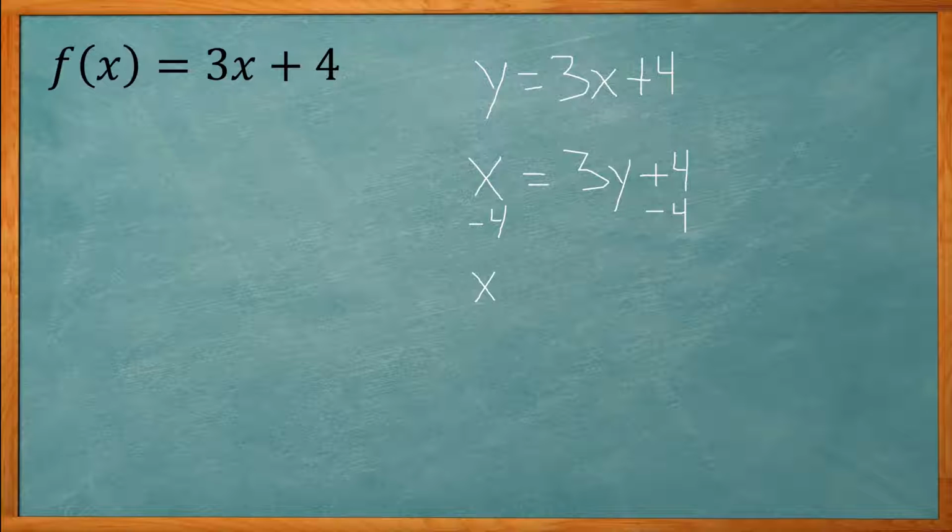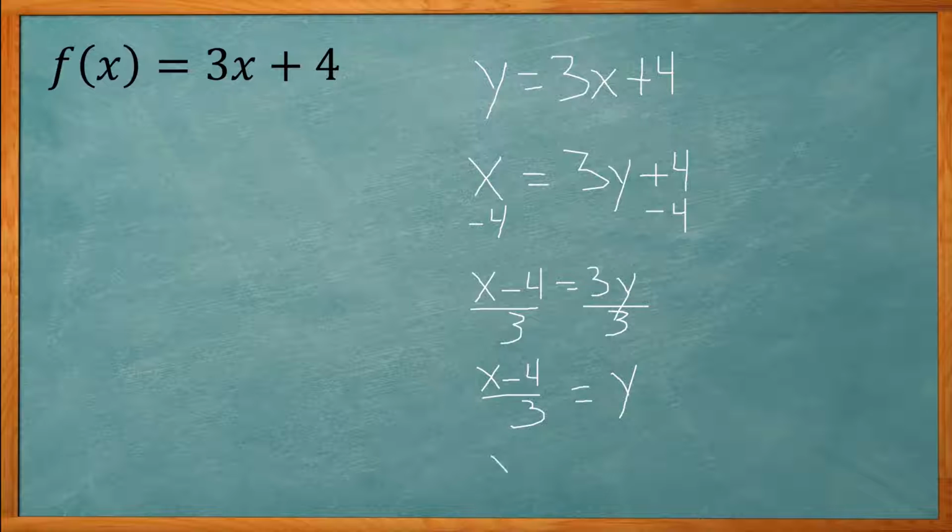I got x minus 4 equals 3y. And now to get the y by itself, I need to divide both sides by 3. All right, that leaves me y here, and then x minus 4 over 3.